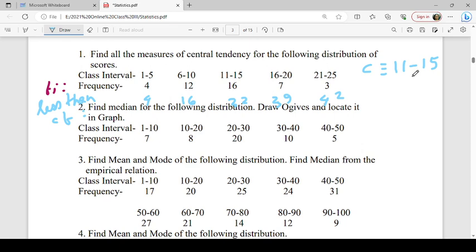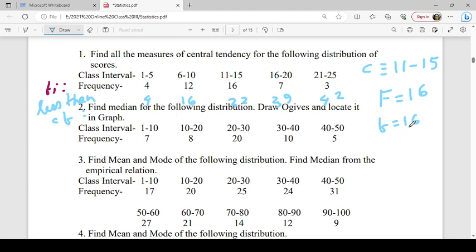After getting this C, everything is easy. Capital F is the cumulative frequency of the class preceding C, class 6 to 10, which is 16. Small f is the frequency of C, it is 16.